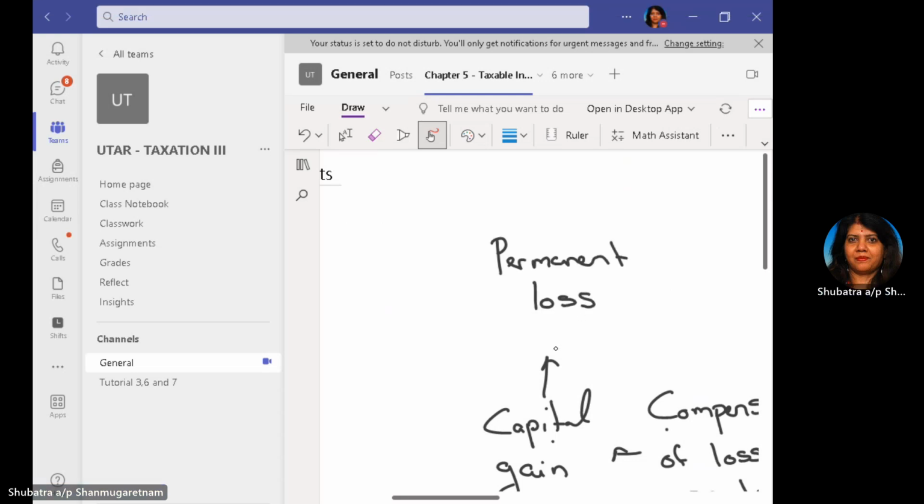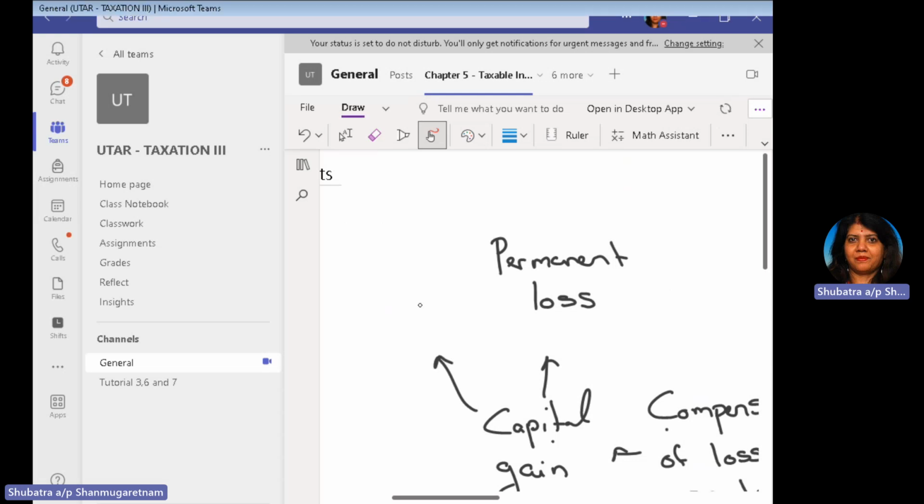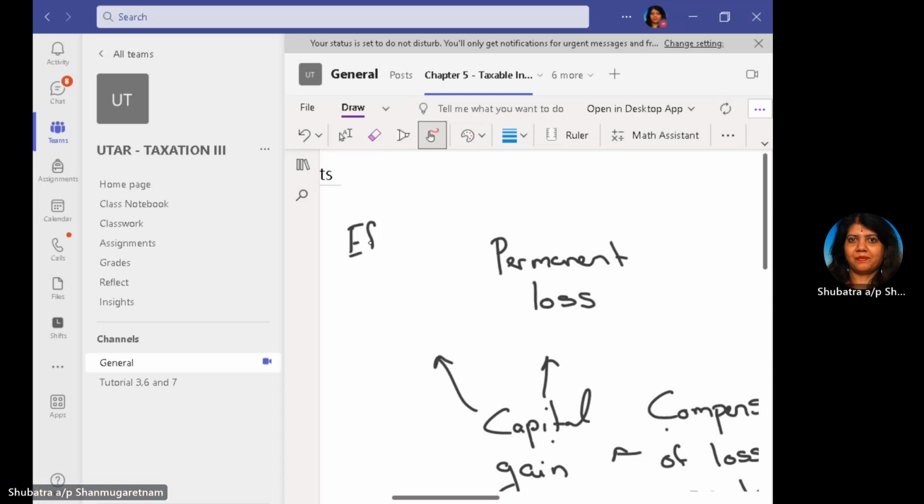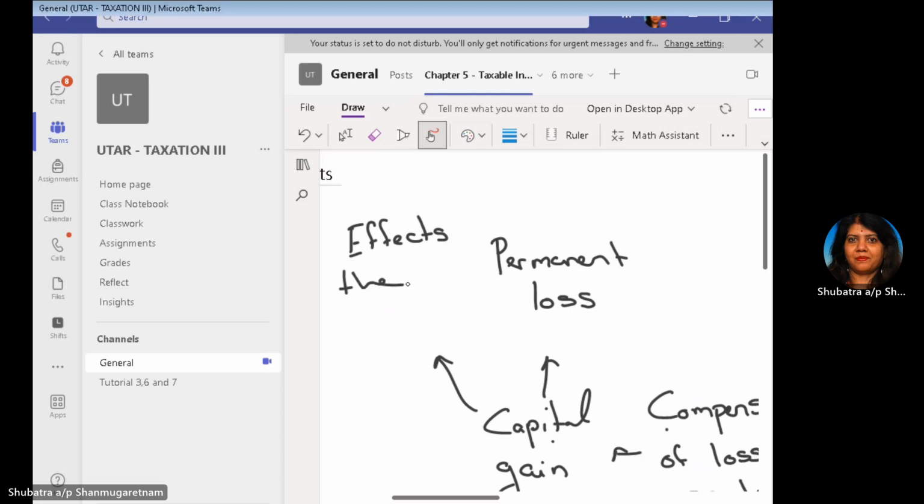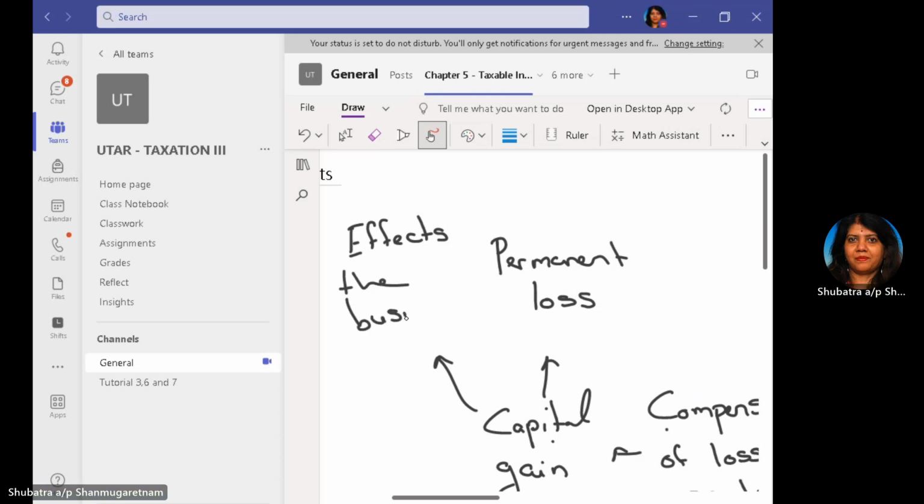It affects the business structure. If I lose my inventory, I can replenish my inventory and carry on my business. But if my whole shop gets burned down, even if I have the inventory, I cannot run my business.